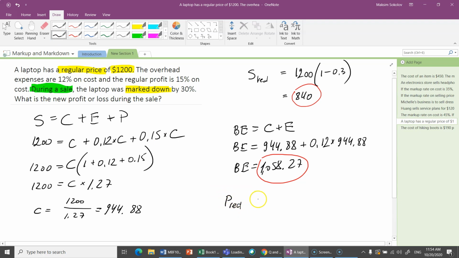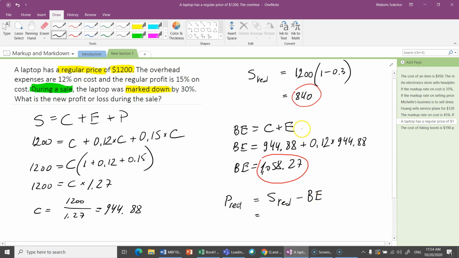So it's profit reduced. This is the difference between selling price reduced and break-even price.